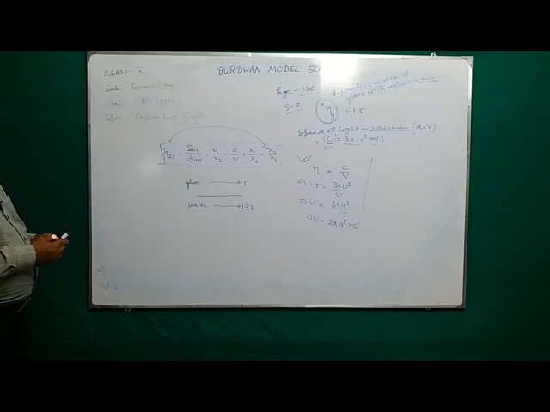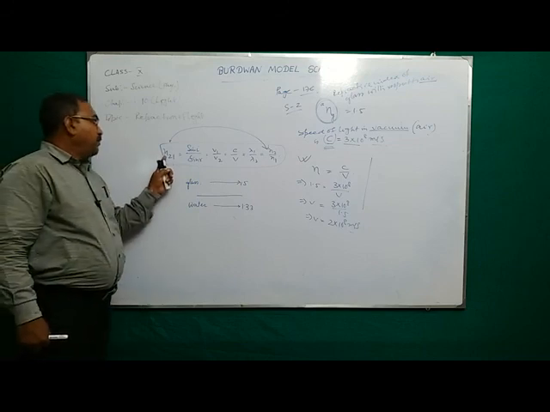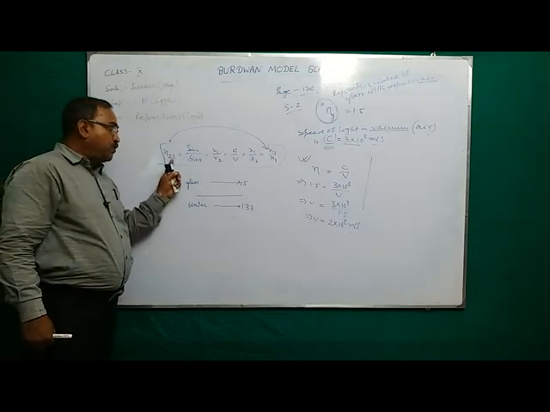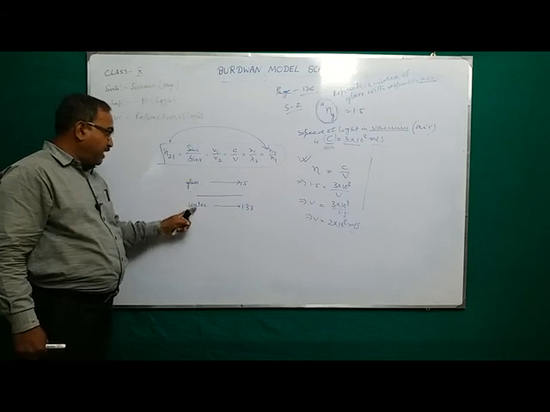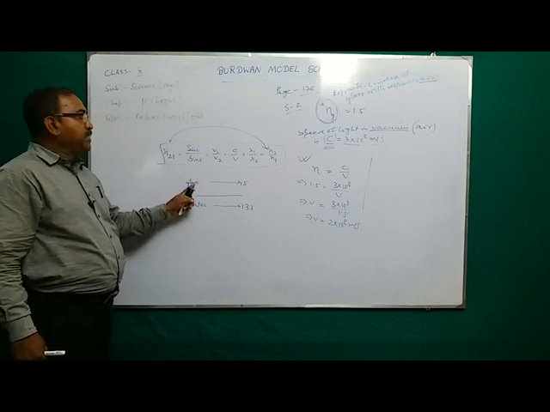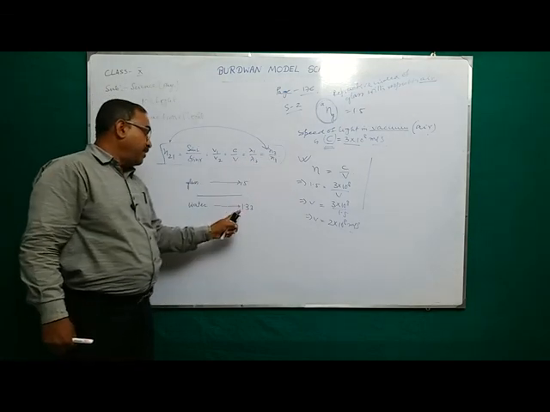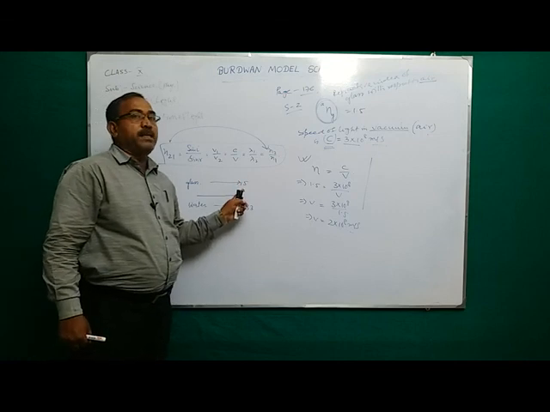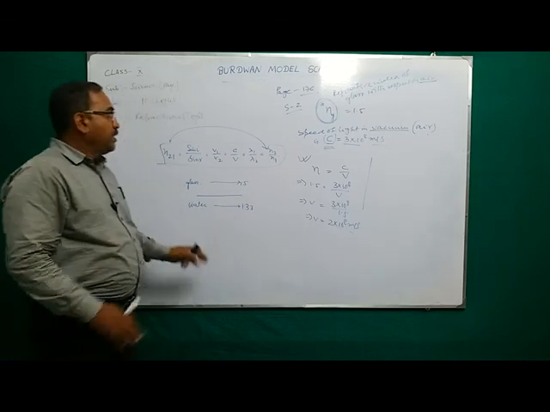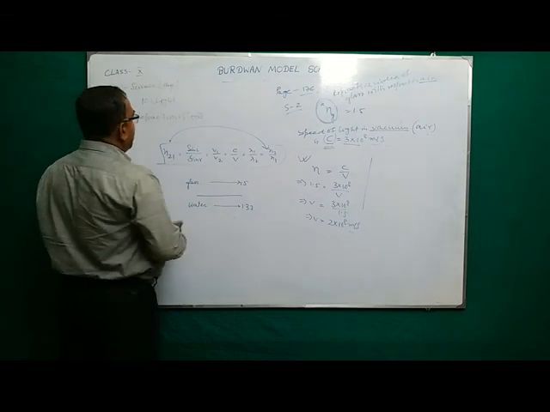Refractive index of second medium with respect to first medium. That time, refractive index of second medium by refractive index of first medium. So you must be sincere about it.